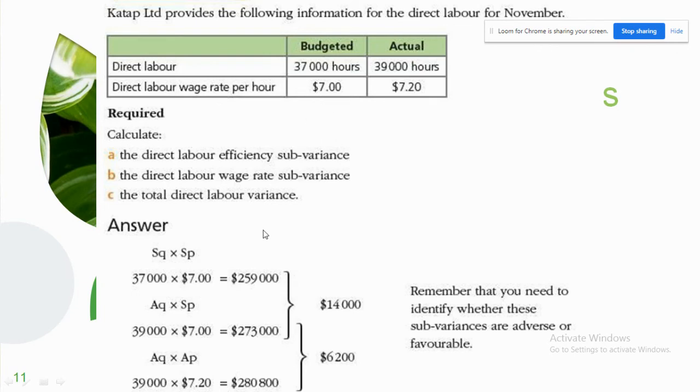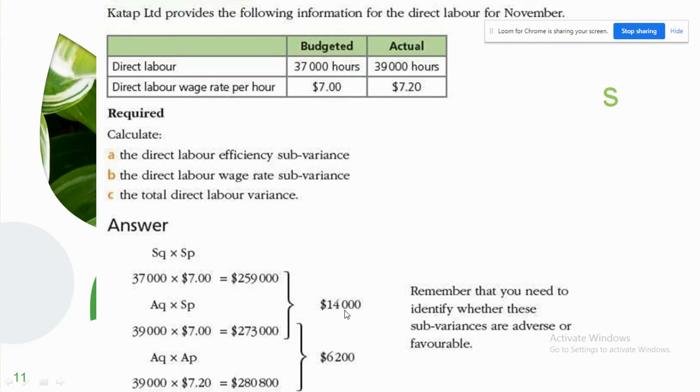So that gives us $259,000. Then AQ is actual hours worked, 39,000 hours, multiplied by SP, which is 7. So that gives us $273,000. So $259,000 minus $273,000 gives us $14,000.